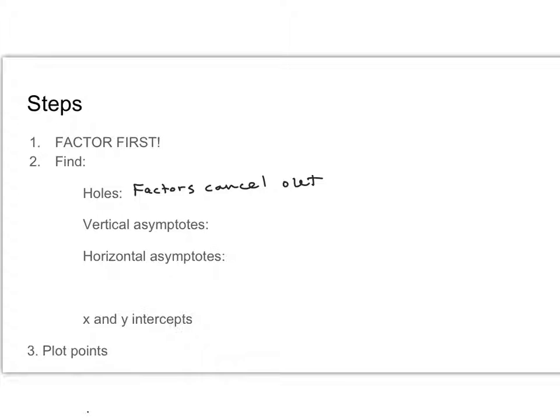And vertical asymptotes. Those are values that make your denominator equal to 0, that you haven't canceled out.